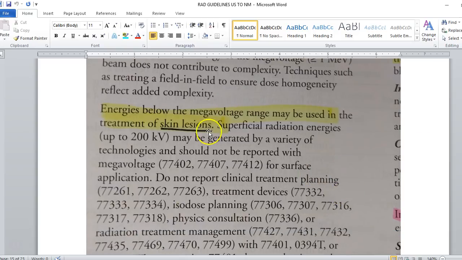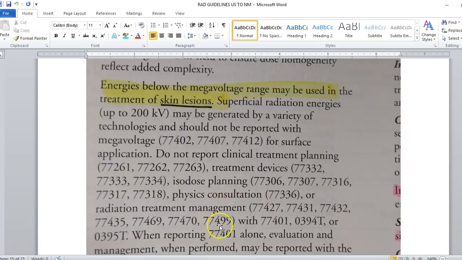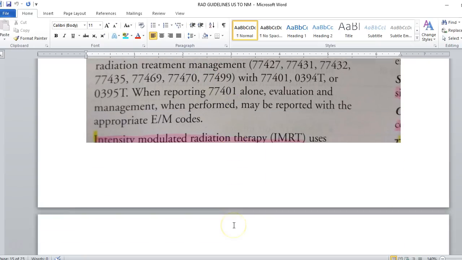Now, for skin lesions, we use what we call superficial radiation, okay? And we have a special code just for that, 77401. If we're using this code 77401, we can't use it with any of these others. So a lot of what the guidelines are on page 479 is what you cannot code with.